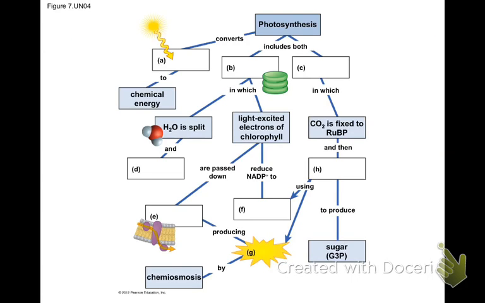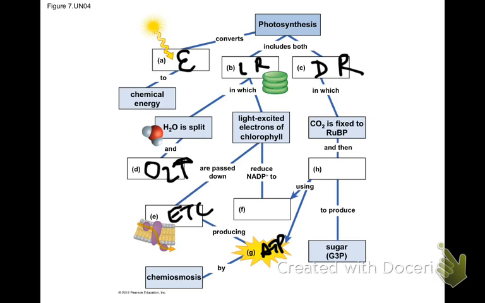Okay. So photosynthesis converts light energy, and includes light reaction and dark reactions, into chemical energy. In the light reaction, water is split and oxygen is released. Okay, light excited electrons of chlorophyll are passed down the electron transport chain, producing ATP by chemiosmosis.